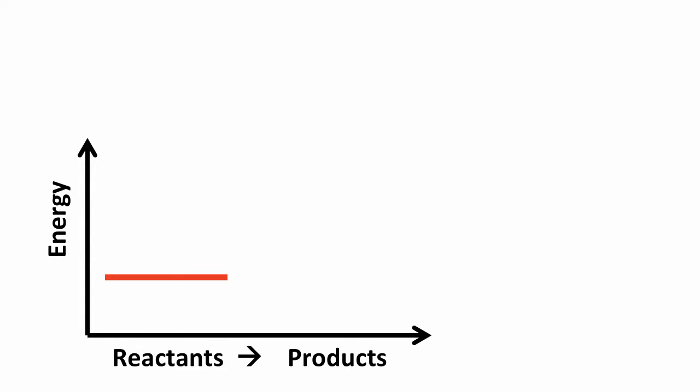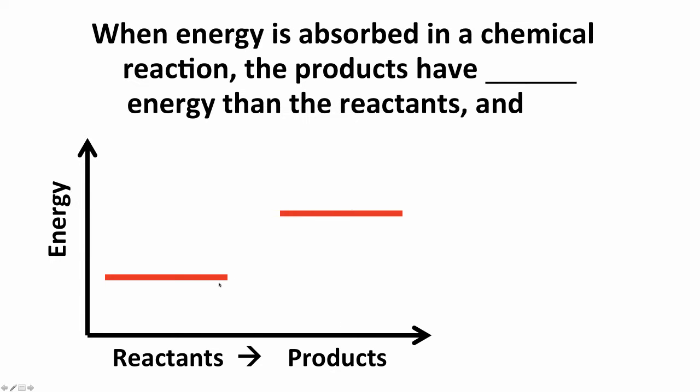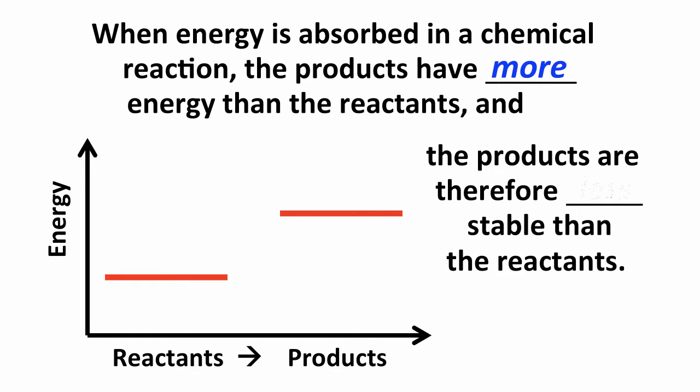And of course, the other kind of reaction is where products have a higher energy than the reactants. When energy is absorbed in a chemical reaction, the products have more energy than the reactants, and therefore the products are less stable than the reactants.